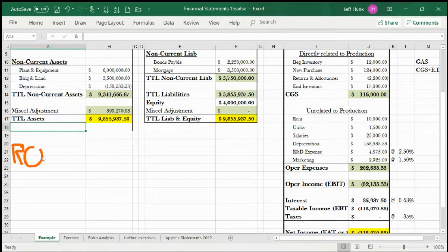So ROE, return on equity, is calculated as profit over equity. But then, here's the thing. Let's think about it.